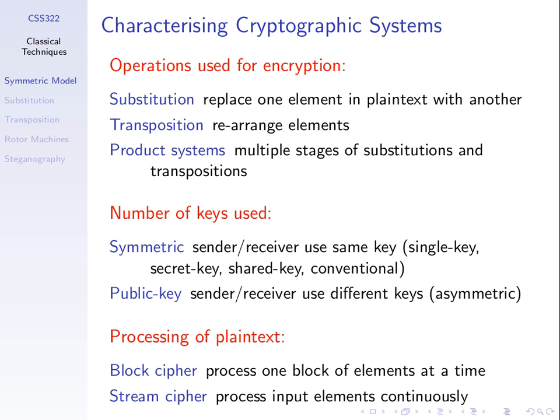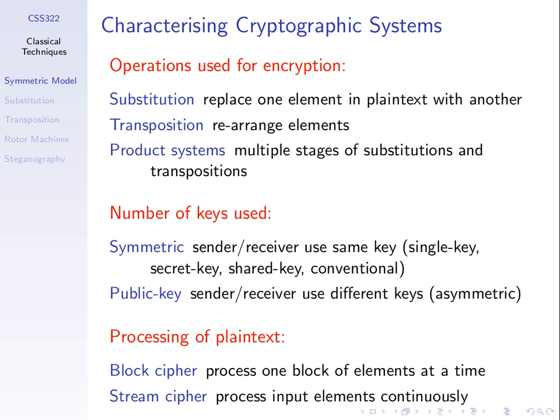Another way to characterize different cryptographic systems is the number of keys used. We've briefly mentioned that. In a symmetric key encryption system, the sender and receiver use the same key. It's also called single key, secret key, shared key, or conventional encryption. It's the original type of encryption developed.